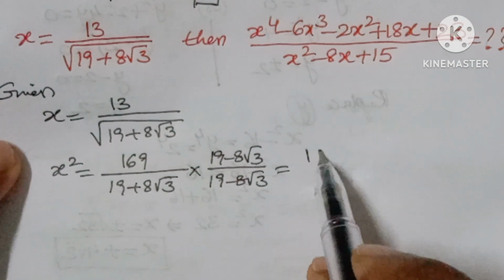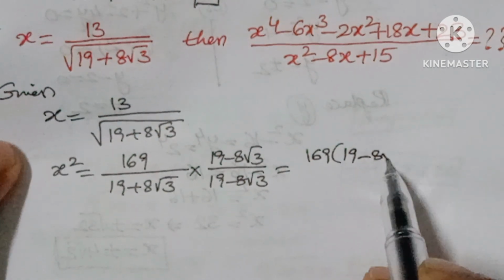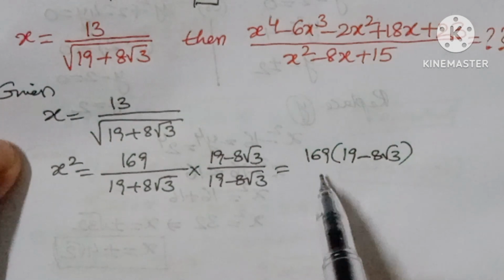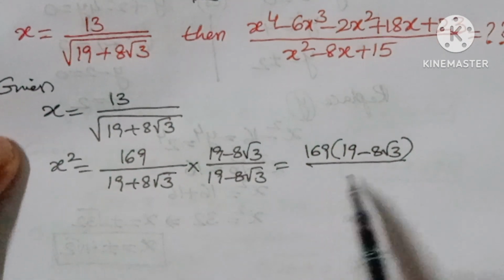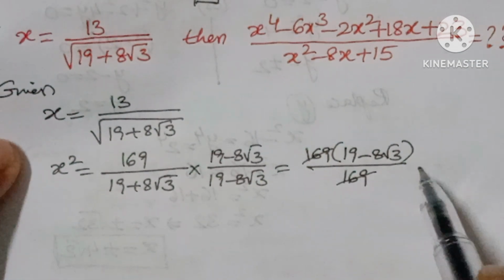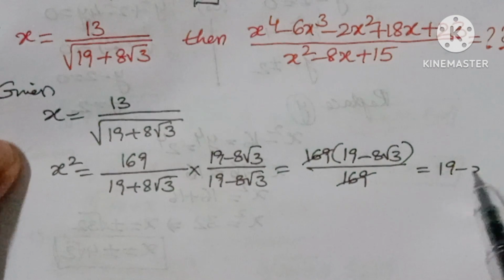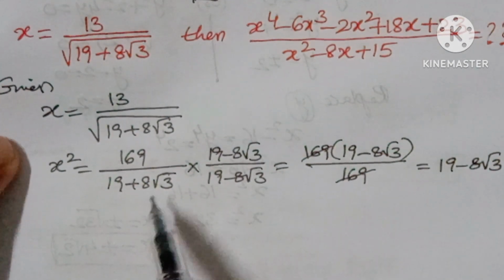Here you'll get 169 into 19 minus 8 root 3 over 169 you'll get. So here you'll get 19 minus 8 root 3 value, x square value.